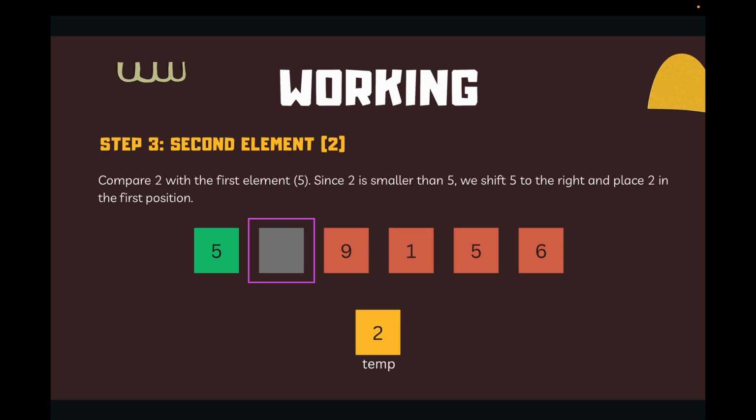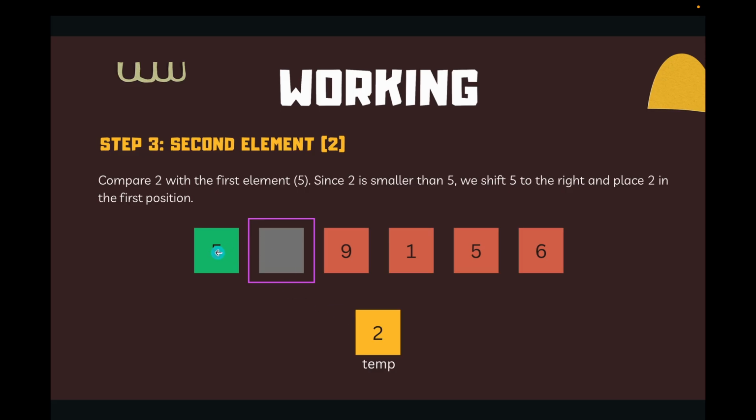Now we will compare the value of 2 with all the elements in the sorted part of the array step by step. We will move from right to left in the sorted part. Here we only have 5 in the sorted part, so we will compare 2 with 5, and as you can see 5 is greater than 2.